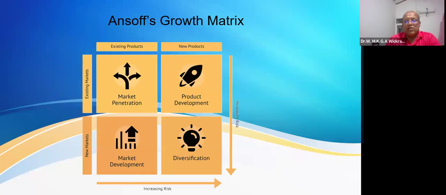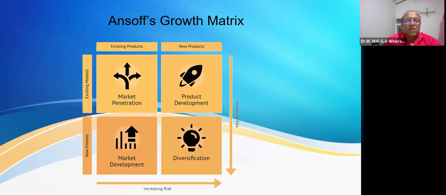But again, you can see on the right side of the figure, increasing risk. If you are moving from existing product to new product, it is high risk. Below the figure, you can see increasing risk from left to right.